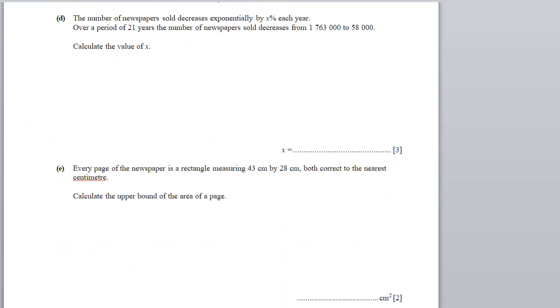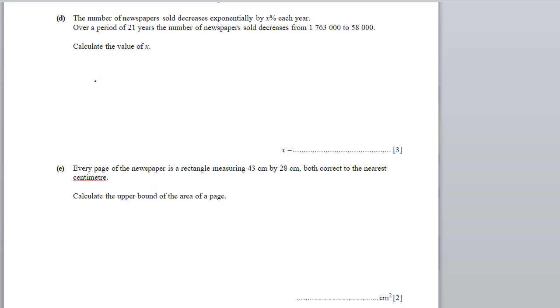The number of newspapers sold decreased exponentially by x% each year over the period of 21 years. The number of newspapers sold decreased from 1,763,000 to 58,000. Calculate the value of x.